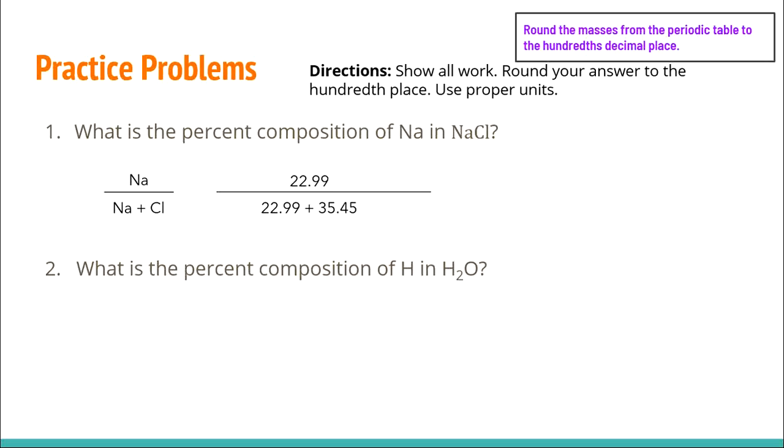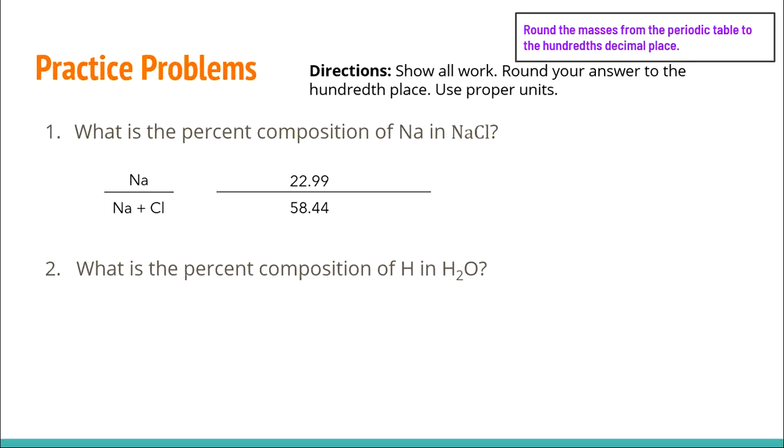And then next, you're going to add up the numbers in your denominator. Don't make the mistake of just crossing out the 22.99. You can't do that because you are adding the numbers on the bottom, so those actually don't cancel out. So we add up the numbers on the bottom, and we have a total of 58.44.